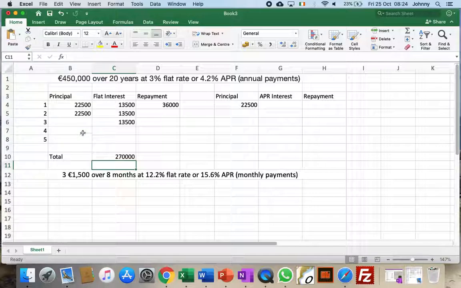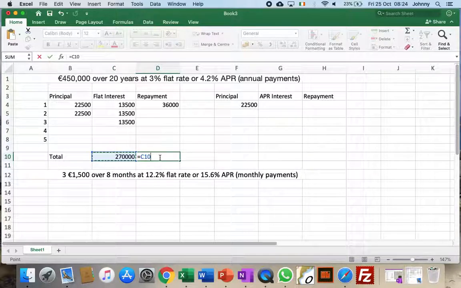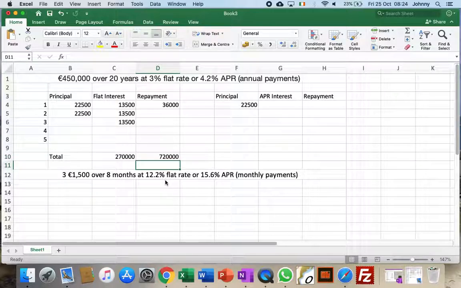And obviously the principal, over 20 years, I'll be repaying 22,500 by 20, which will give me 450 grand. So the total of my loan is going to be 270,000 plus 450 grand, because I'll pay that back over the whole thing. So that's the total amount of money that I'm going to repay during my 20 years.